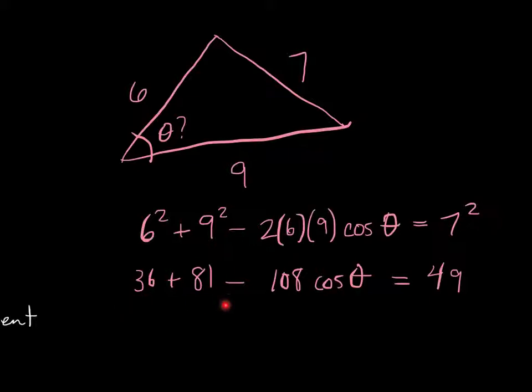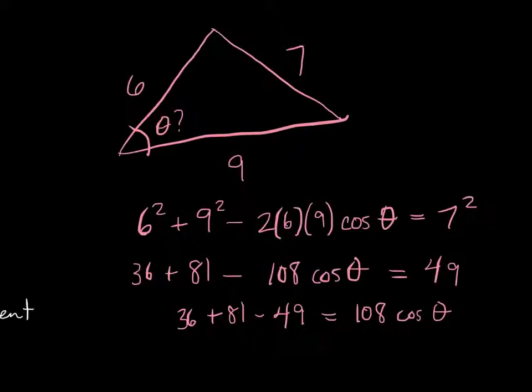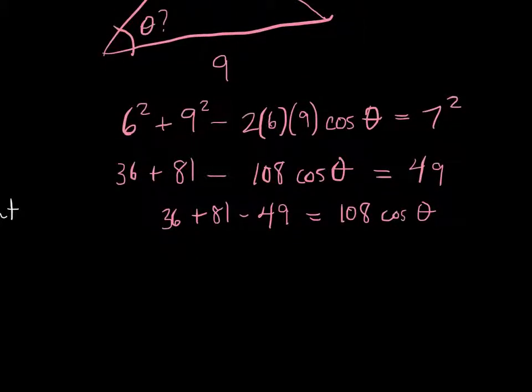I'll do it really quickly. 36 plus 81 minus 49 equals 108 cosine theta. What's the easiest way to add this? 81 minus 49 is 32, so this thing right here is 32.